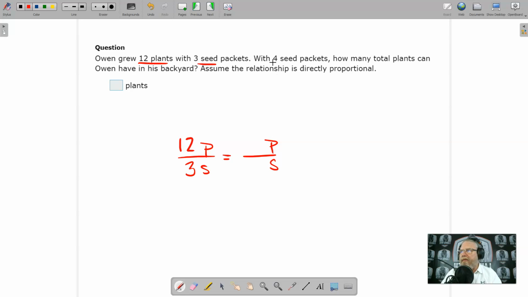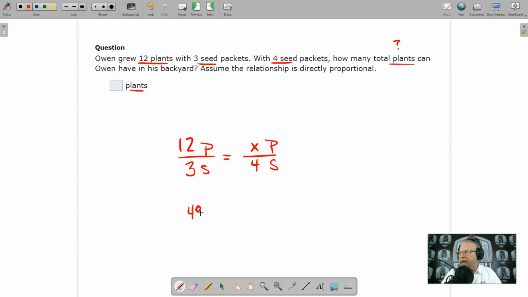So with 4 seed packets, up there it is, they're giving us the number of seed packets. How many total plants? So this is what they're wanting to know. How many plants? That's the unknown value. So we'll plug that in, and notice indeed our question is asking how many plants can Owen have in his backyard. So let's do 12 times 4.